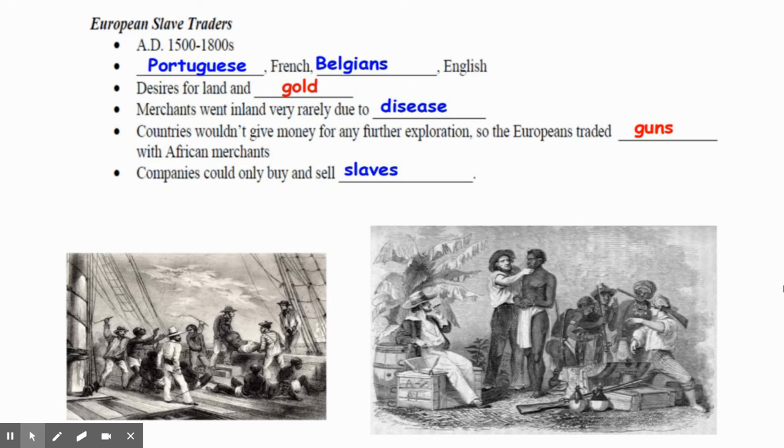When we talk about the slave ships, it's not uncommon that you're going to see people beaten if they try to escape. In some cases, people might have been thrown overboard, like you might see in the picture there. But more often than not, people probably weren't thrown overboard unless they had died.